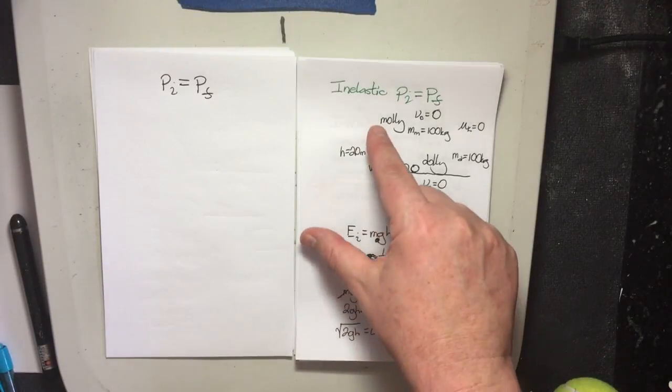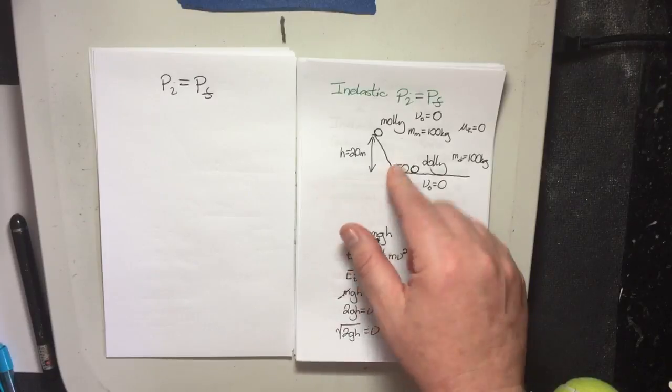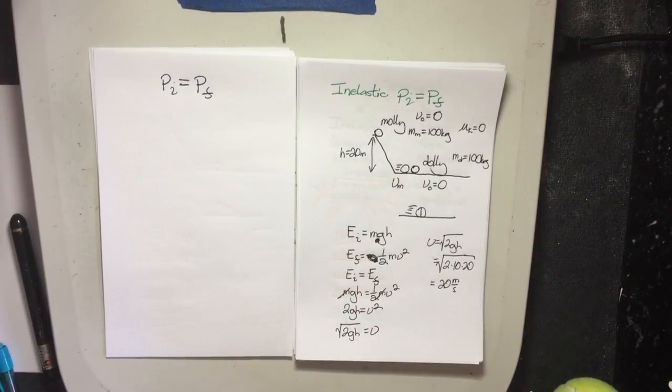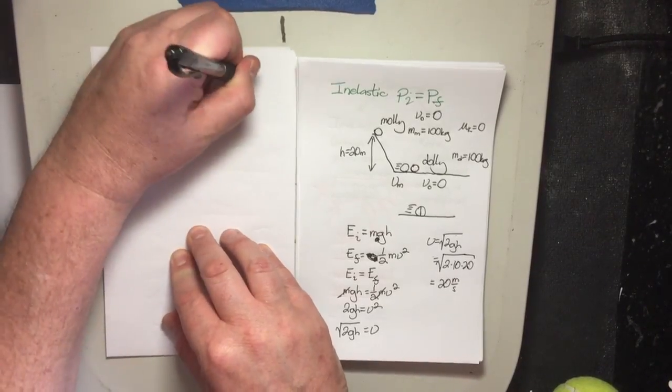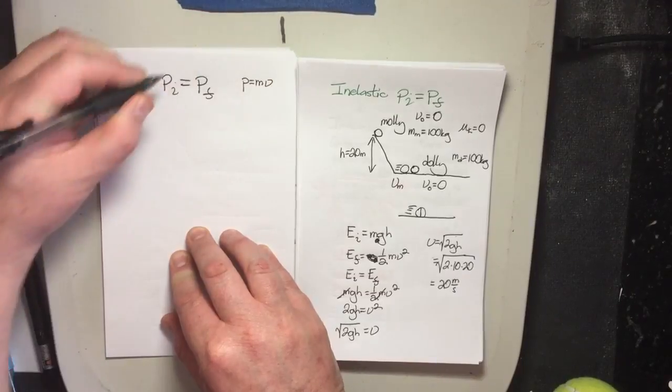The first step, from there to there, energy was conserved because, was there a collision? No, there was no collision, so you could conserve energy. Now we're dealing with the second part of the problem, where energy is not conserved, and only momentum is conserved. Momentum initial. Well, momentum by definition is mass times velocity.